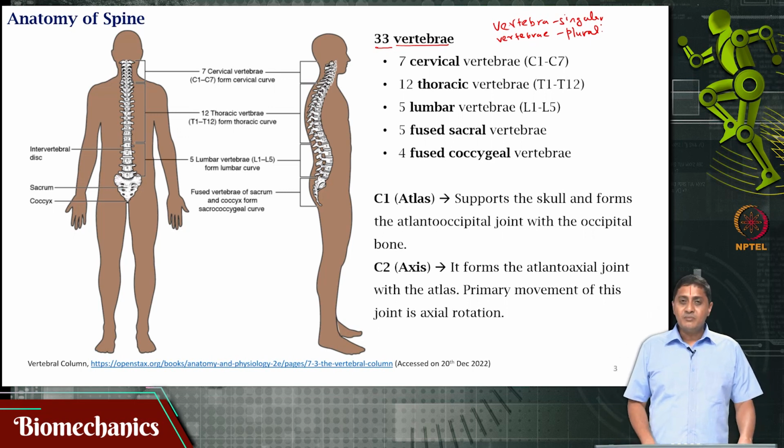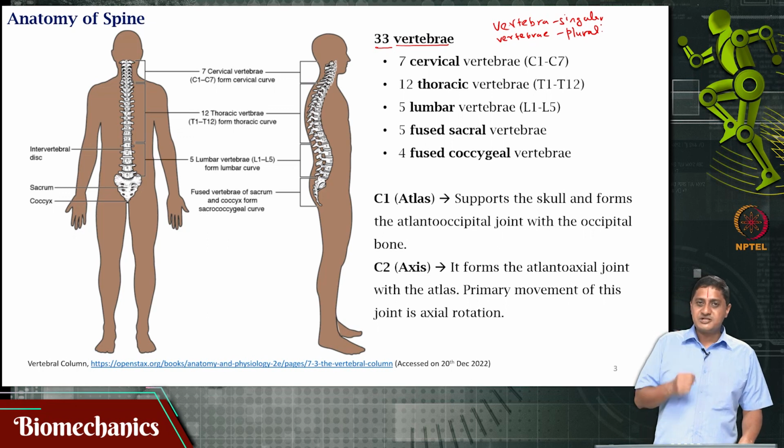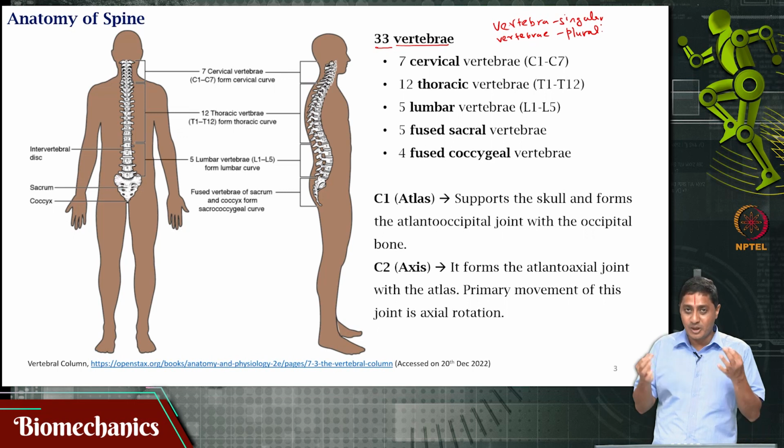So, coming back, there are two major purposes of the vertebral column. One is to provide support, essentially to hold the weight of the head and the neck. Why is this important, especially in humans? Remember, we said at the beginning of this course, this is a course on human biomechanics.